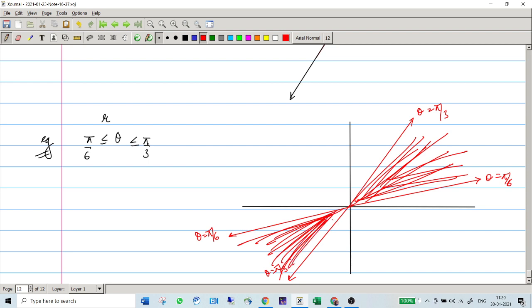So you'll be having two sector kind of things with infinite radius in both of the directions. So you have this shaded region, which you can see in red right now, as your graph for theta between pi by 6 and pi by 3, right?